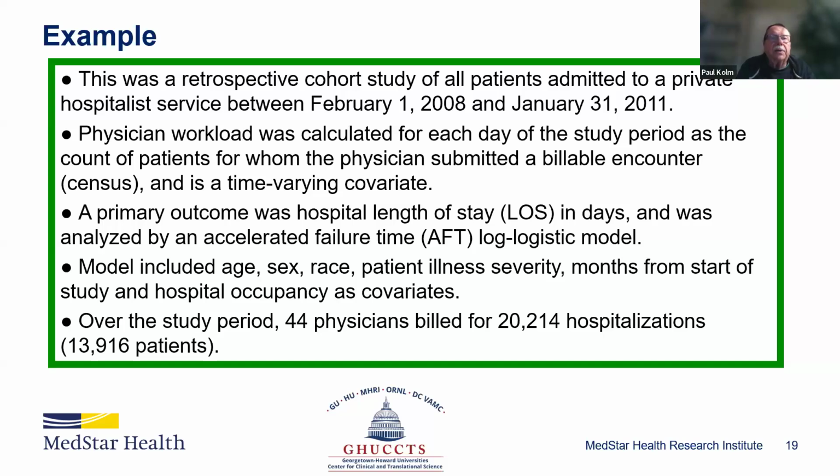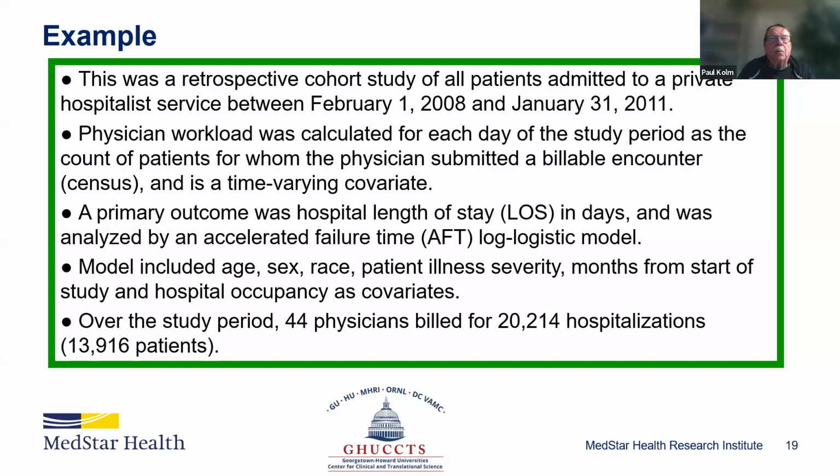The key thing here is that we had 44 physicians participating in the study, and they billed for over 20,000 hospitalizations among almost 14,000 patients. So you can see we have a really big data set.